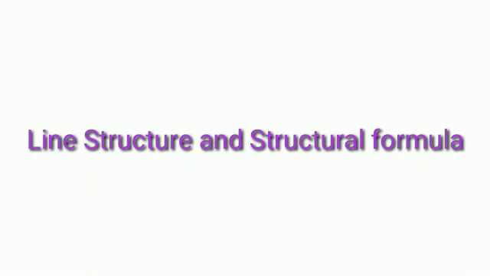The next topic is line structure and structural formula. The carbon compounds having a double bond or a triple bond between two carbon atoms are called unsaturated compounds. Ethene and ethyne are unsaturated hydrocarbons.